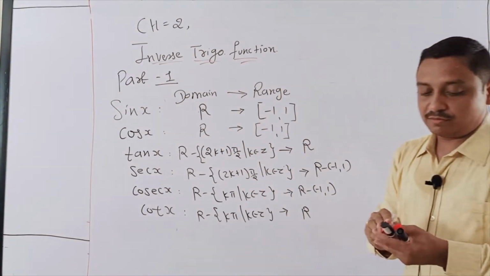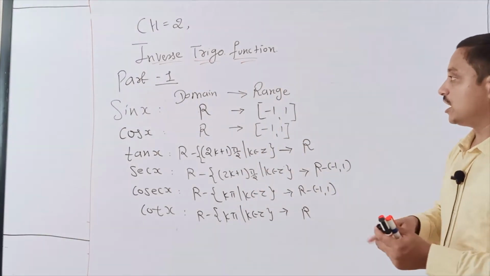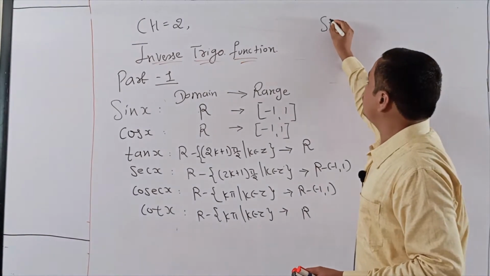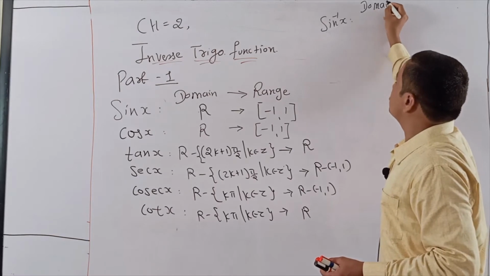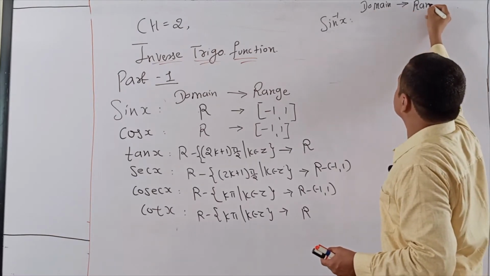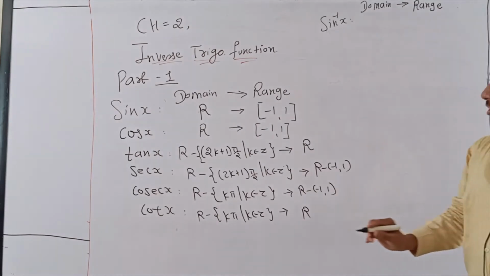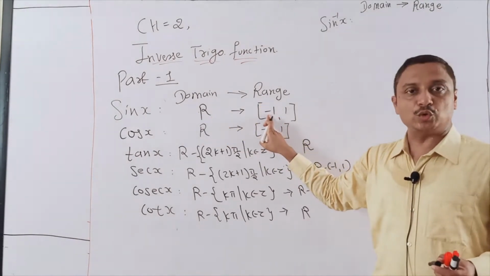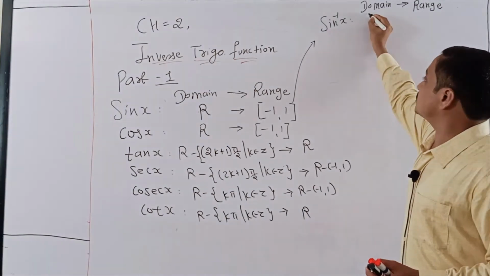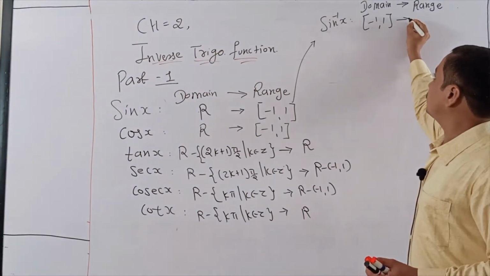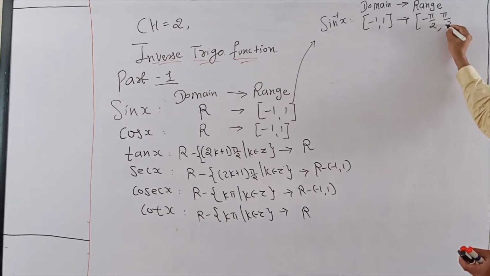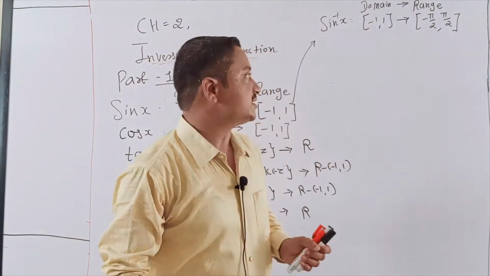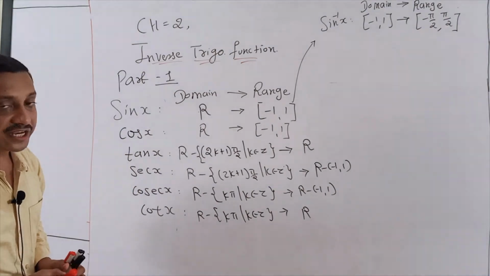So for the basic inverse trigonometric functions, I start with sin inverse x, its domain and range. Students, see, the sin x range is -1 to 1, so the domain of sin inverse x is -1 to 1 and the range is always -pi by 2 to pi by 2, because sin 90 is 1 and sin -90 is -1.